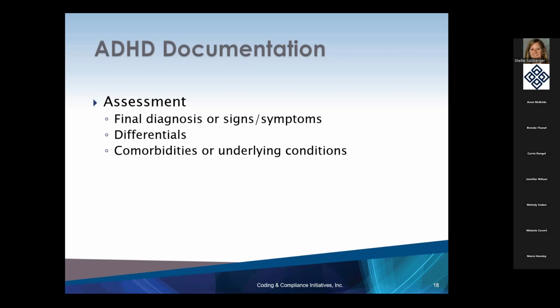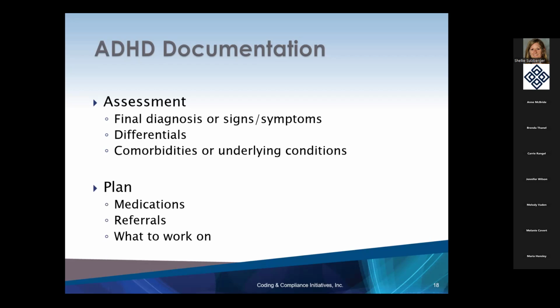And then, are there differentials you're thinking about? Are there underlying comorbidities or conditions? So I might see ADHD, predominantly inattentive type, moderate. I might see, I don't know, attention and deficit concern, rule out ADHD, or rule out anxiety, things like that.